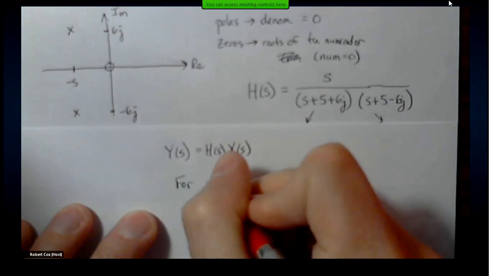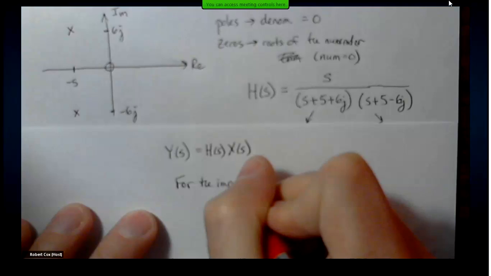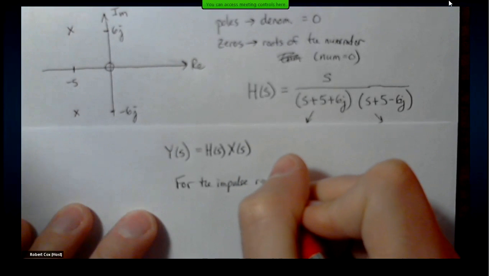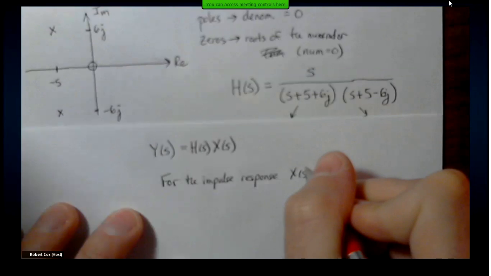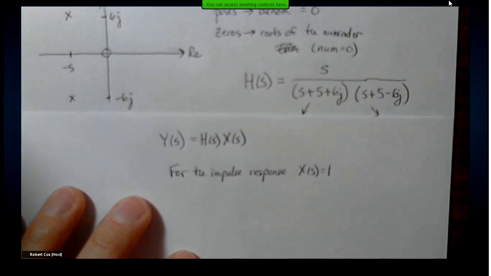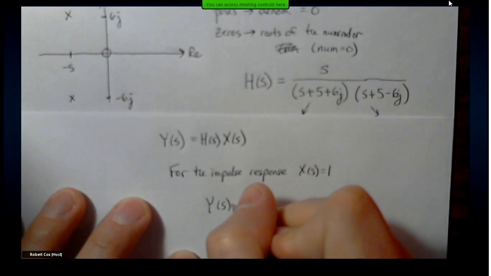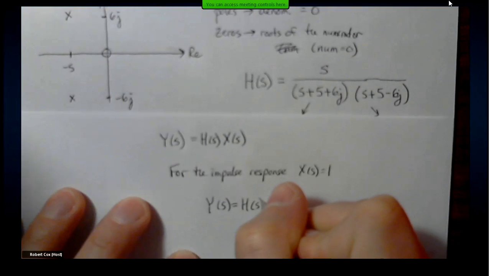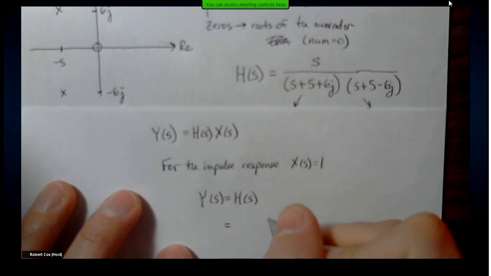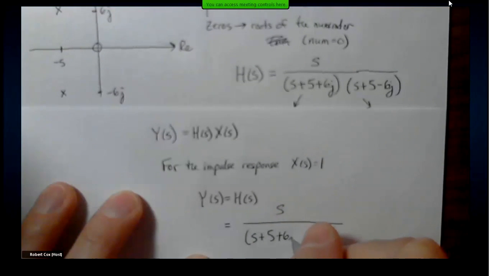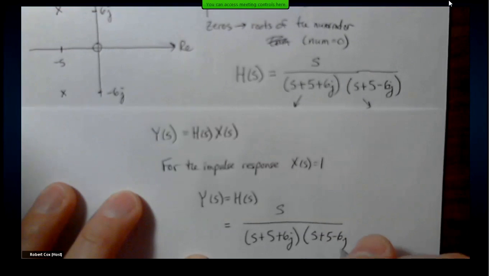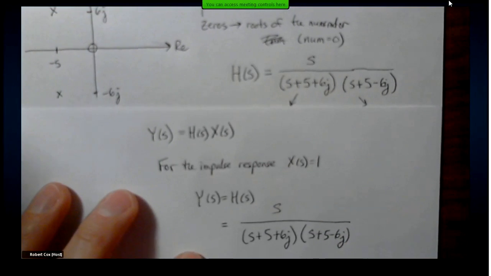For the impulse response, x of s equals 1. So I have y of s equals h of s, which in this case is s over s plus 5 plus 6j times s plus 5 minus 6j.